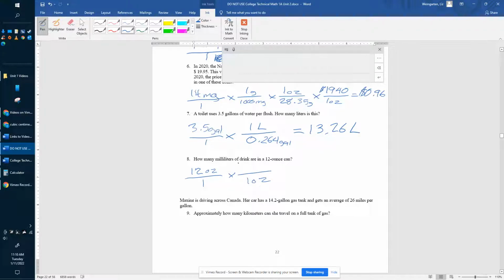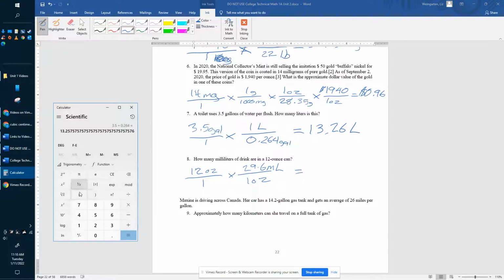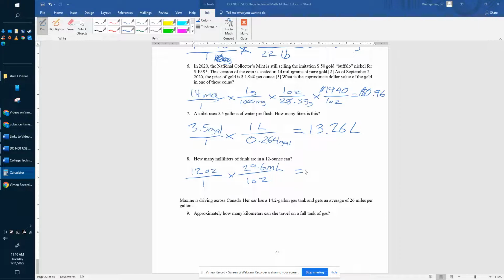There are 29.6 milliliters. We'll multiply that out and get 355.2.